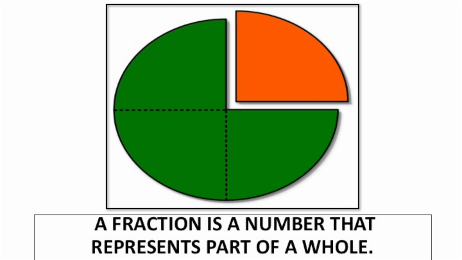A fraction is a number that represents part of a whole. Now, how many parts to this circle here? 4. How many parts in orange? So our fraction is 1 over 4. Or we can say 1/4. Yes.